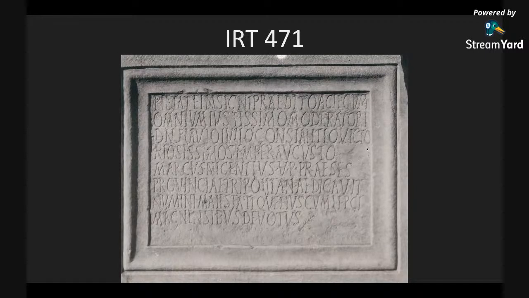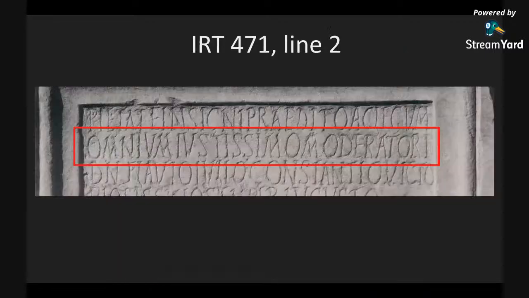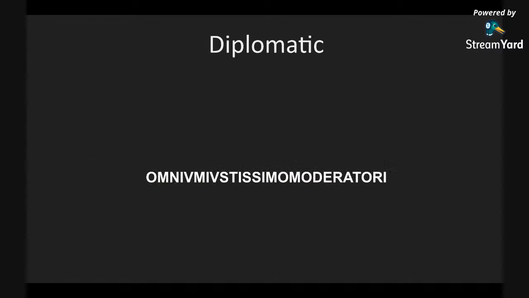So to start off talking about tokenizing, we need to go back to the inscription. So here is a Latin inscription, and I'm particularly interested in this line, line 2. And as we all know, or at least anyone who's dealt with Greek and Latin epigraphy knows, there would be no spaces between words on the stone. So if we were transcribing this in a diplomatic way, that is just transcribing what we see, we'd write something like this.